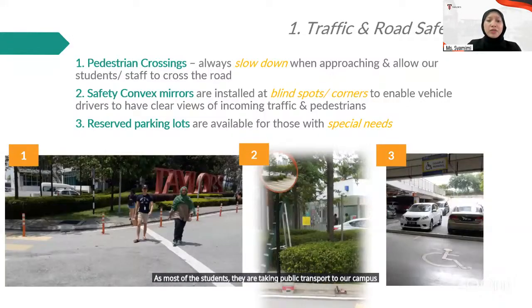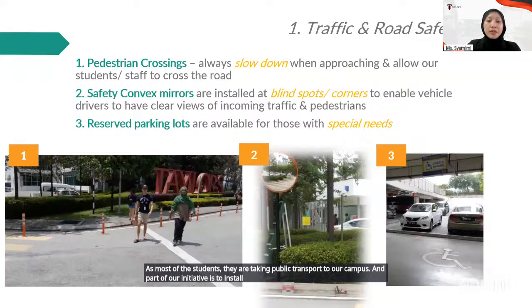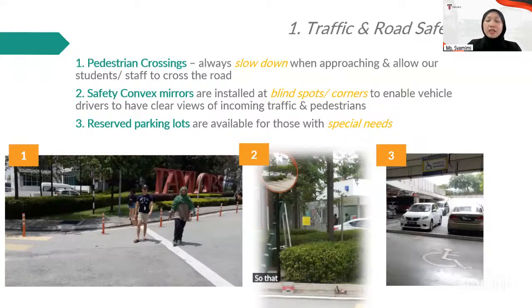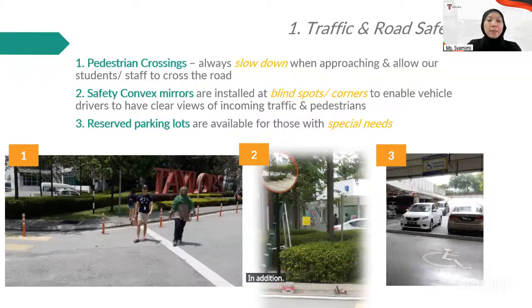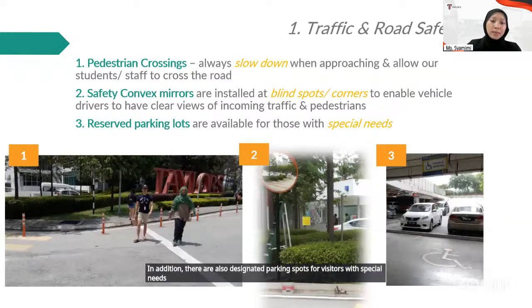Part of our initiative is to install convex mirrors so that drivers and pedestrians can see clearly if there are any incoming cars or pedestrians. In addition, there are designated parking spots for visitors with special needs, located at Block B, and we have reserved parking lots for staff and students at the basement parking.